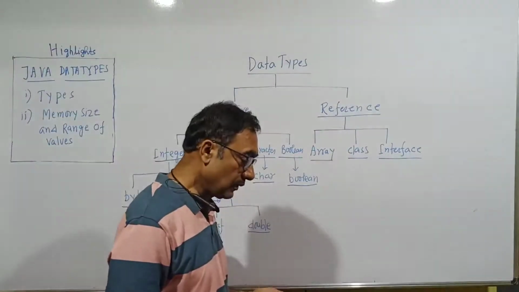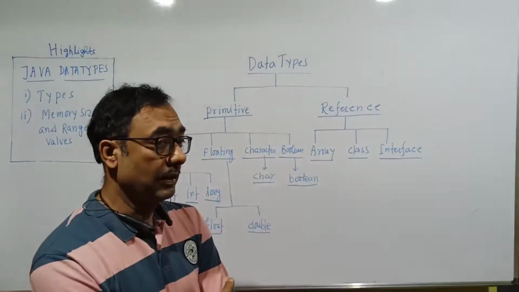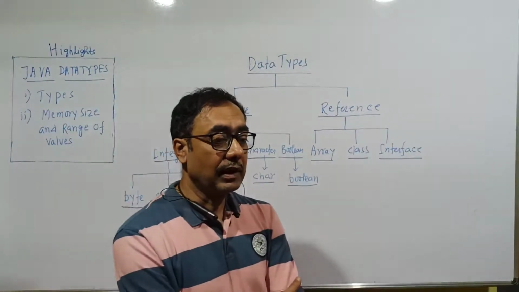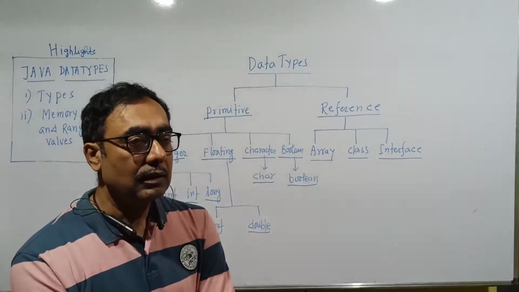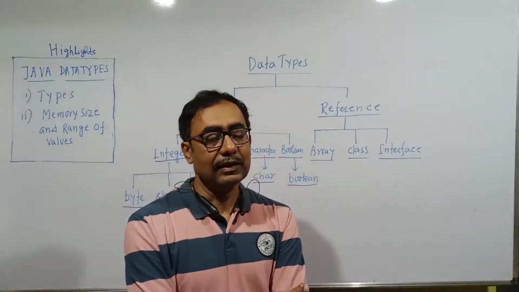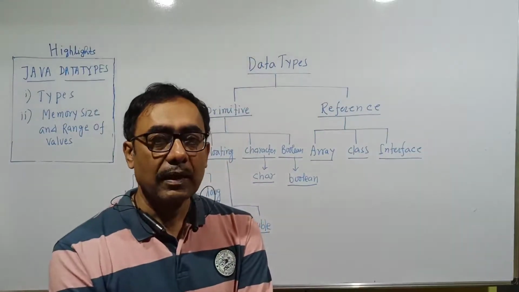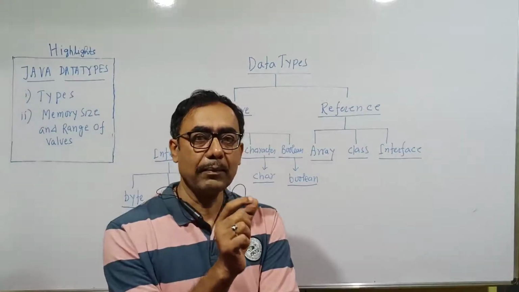Now regarding primitive data types and reference data types. In the case of primitive data types, since they are inbuilt, the data types have a fixed memory size. That means when you declare a primitive data type, it will occupy a fixed amount of memory.